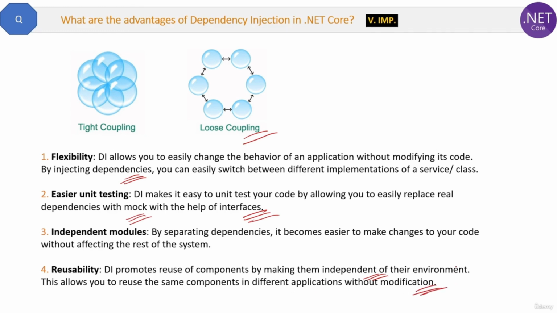So basically, when you implement dependency injection, your services are independent, so you can use one service in multiple other modules or services. That is reusability, and that is also promoted by dependency injection. Great, I think now you have enough information about dependency injection, right?